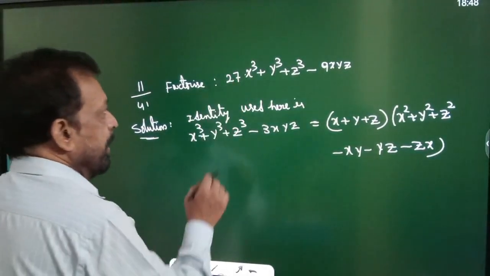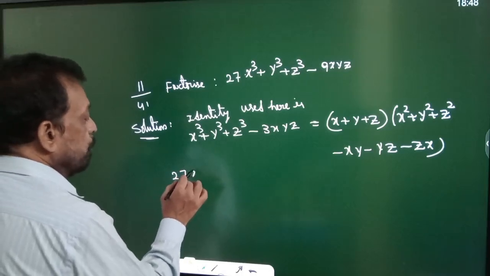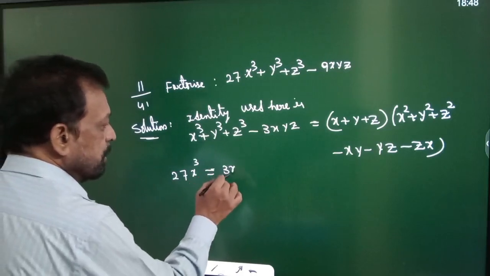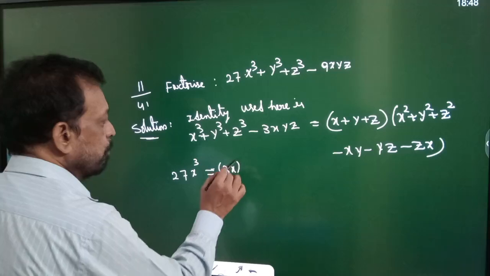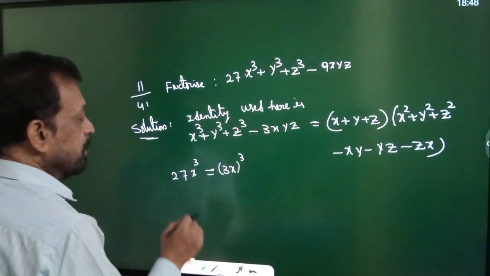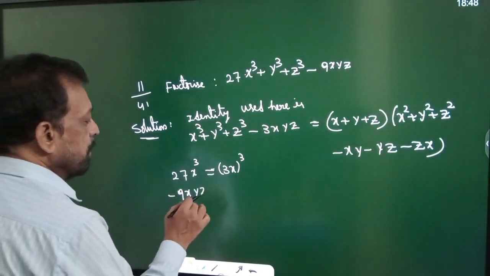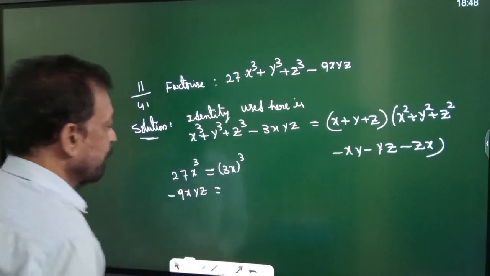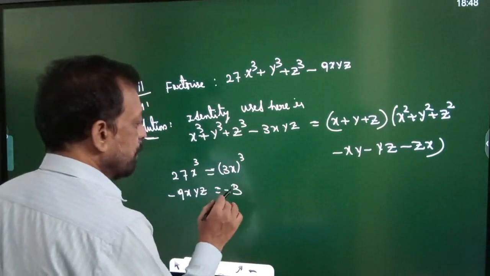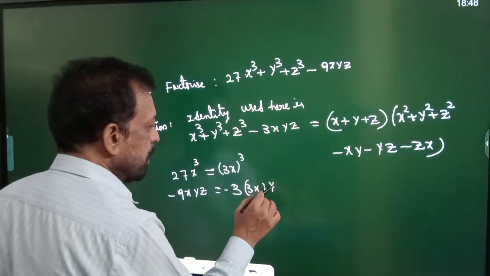So this I called x. 27x cube can be written as 3x whole cube. So y is y only, z is z only. Now here you can write minus 9xyz, which is nothing but minus 3 into 3x into y into z.